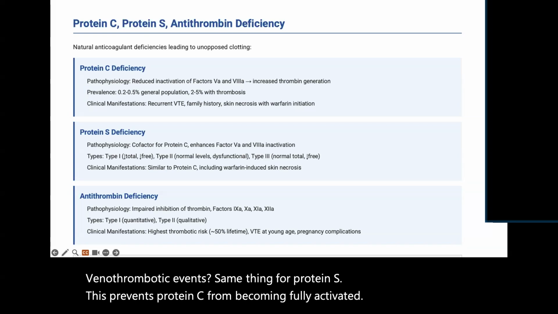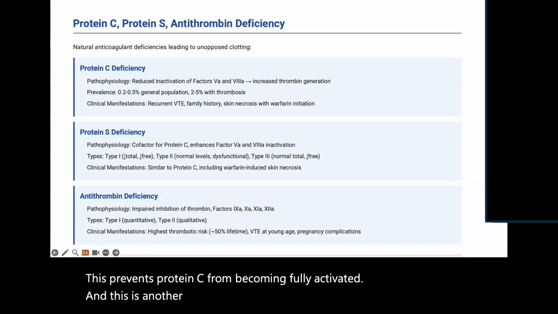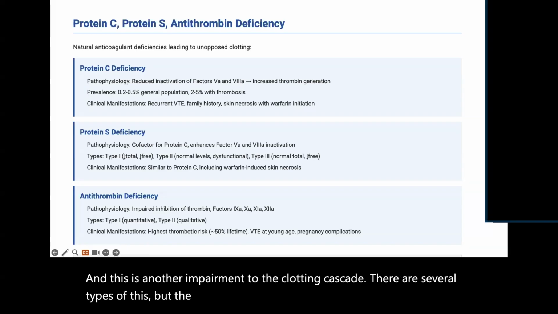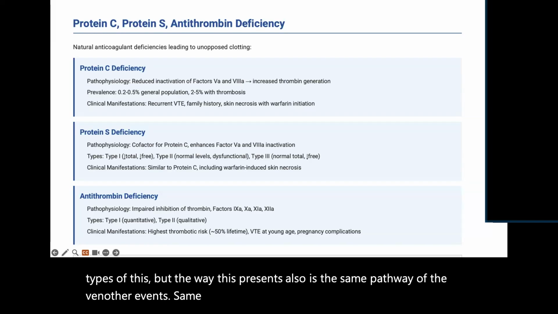And this is another impairment to the clotting cascade. There are several types of this, but the way this presents also is the same pathway of the venothrombotic events. Same goes for antithrombin with respect to how patients will present and the management.